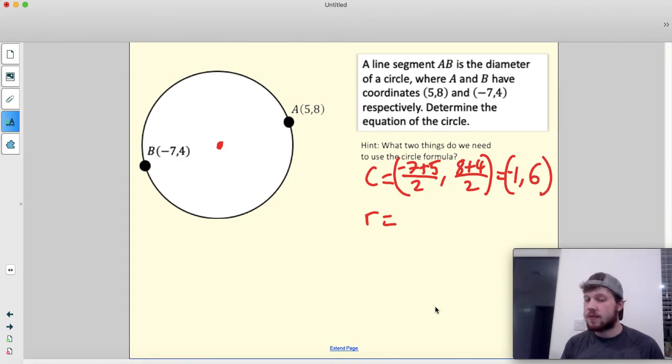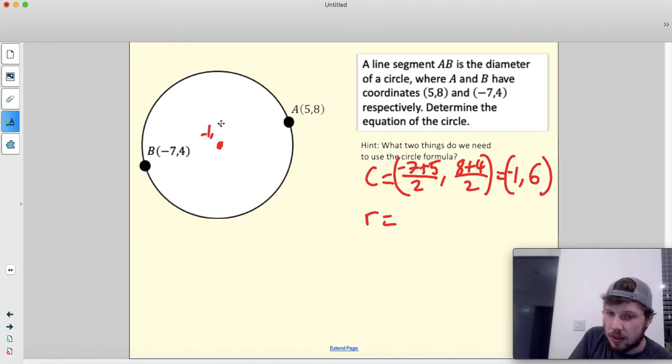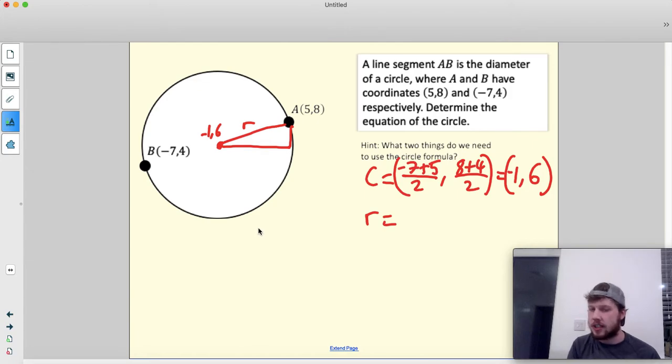In order to find the radius, I could use this -1, 6 that I found already. If I draw a triangle to a point, let's say A, I know that my hypotenuse is going to be my radius. In the x direction, I've gone from -1 to +5, so I've gone 6 units.